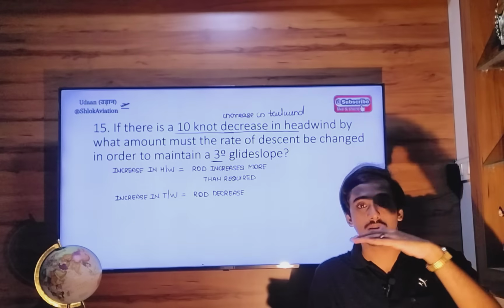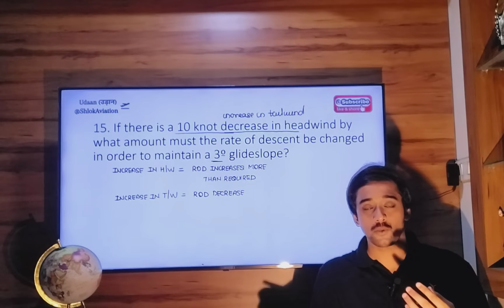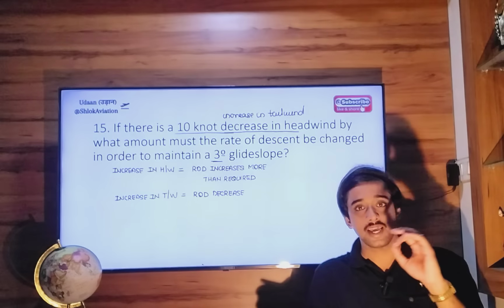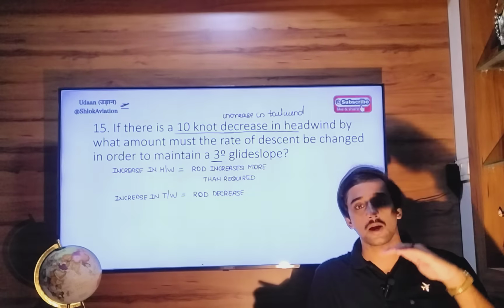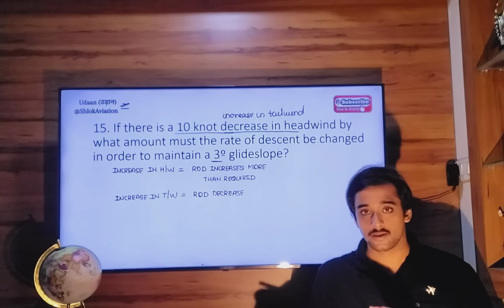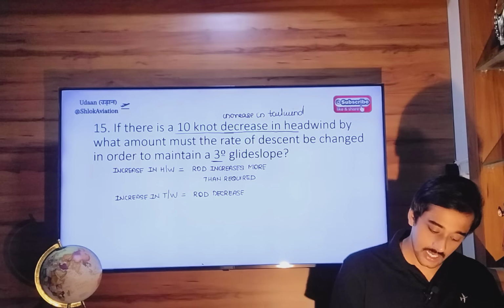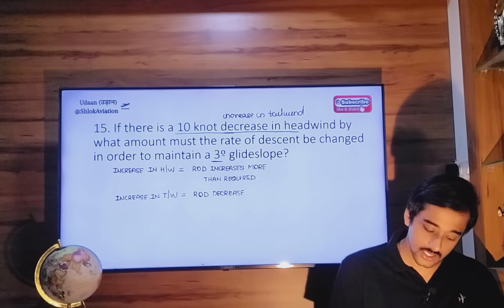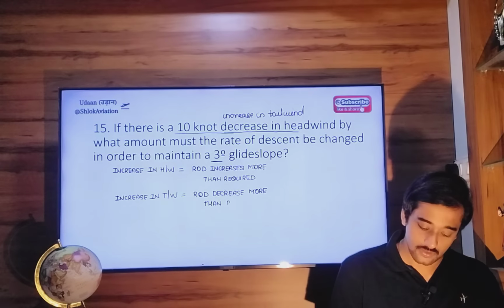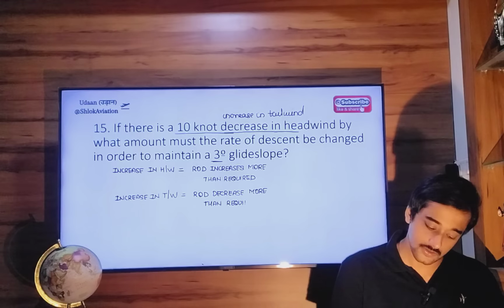It will refuse to come down. In a headwind situation, it comes down excessively. In a tailwind scenario, it refuses to come down. It remains suspended or lifted in the air. So rate of descent decreases more than required. So the reverse happens.